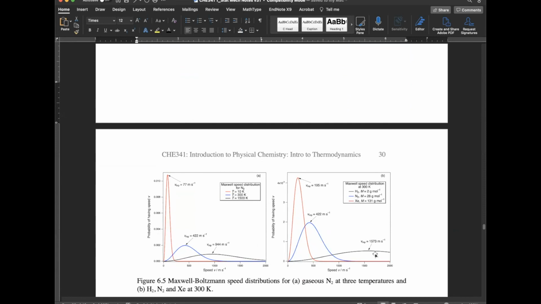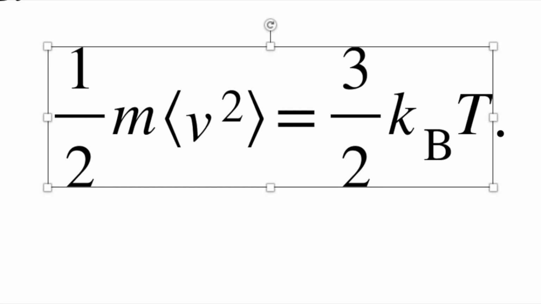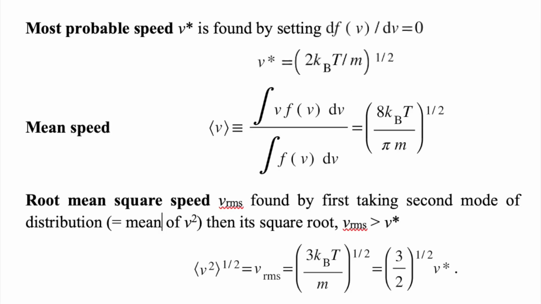Lighter molecules are faster. They all have the same energy at the same temperature, but the velocity is different because kinetic energy equals 1/2 mv squared. Okay, so let's just remember what we've seen today.